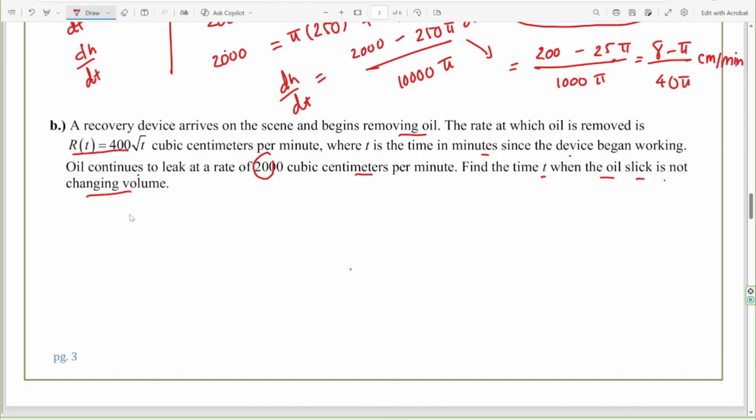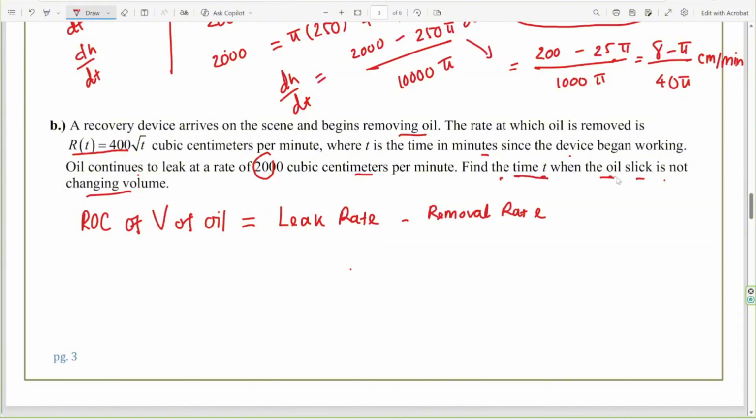Alright, so the rate of change of the volume of the oil is the leak rate subtract the removal rate. When the volume is not changing, this subtract this equals 0.